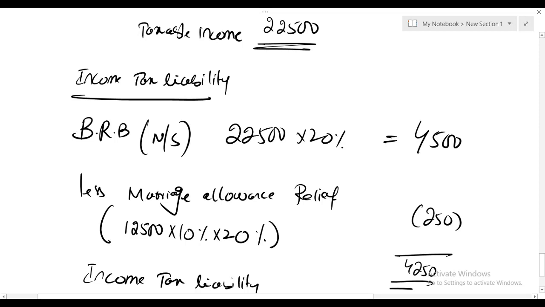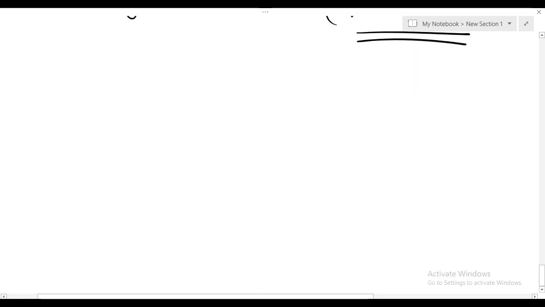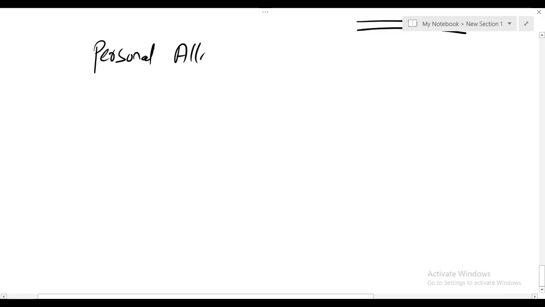Okay. Now let us discuss one more concept relating to personal allowance. We all know that personal allowance is 12,500 for tax year 2021.